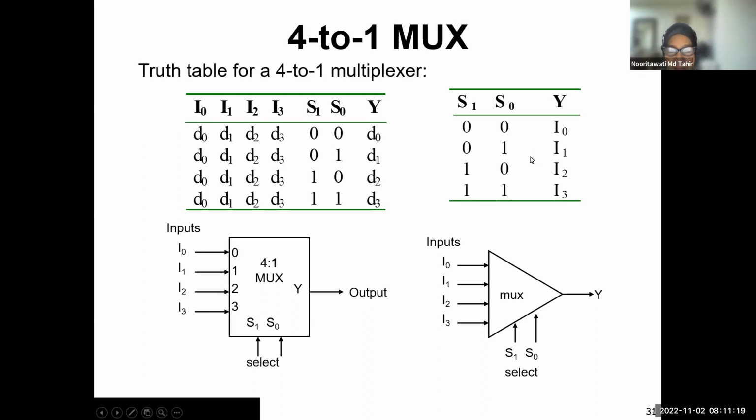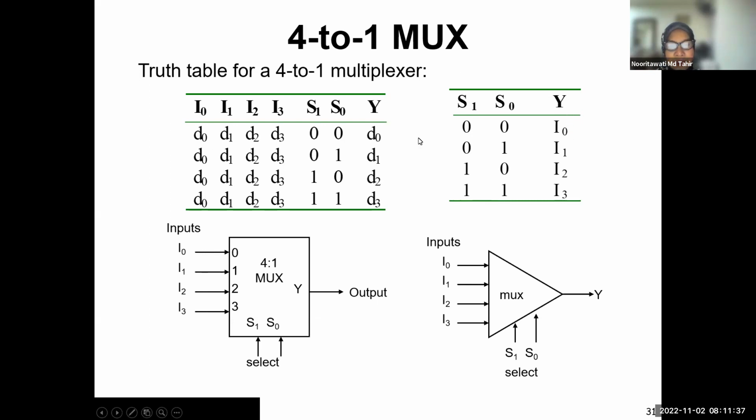Which input is sent to the output depends on this combination of select switches. When the select switch is 0 0, the output will receive input 0.